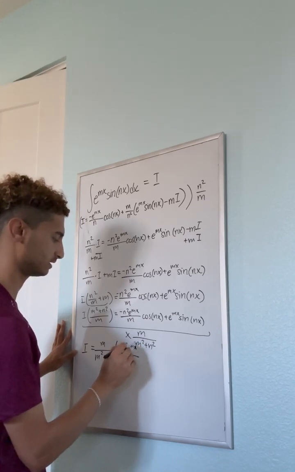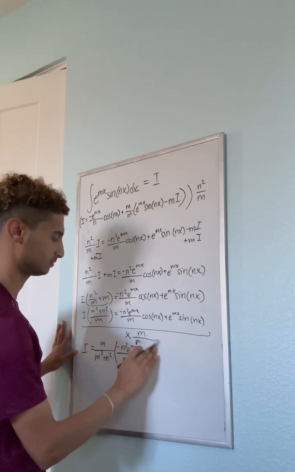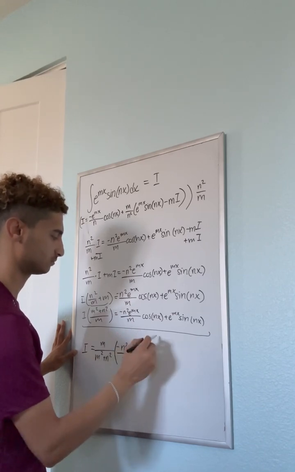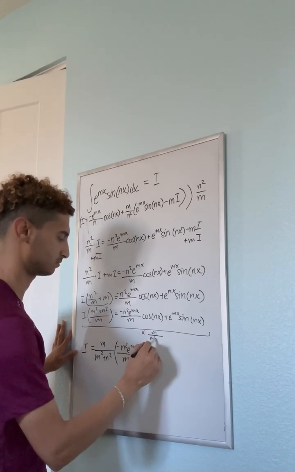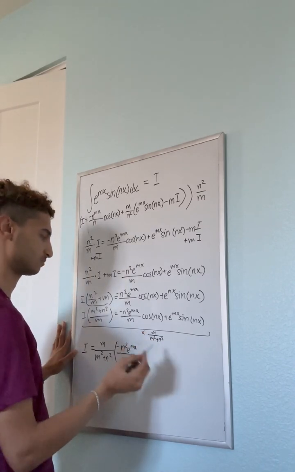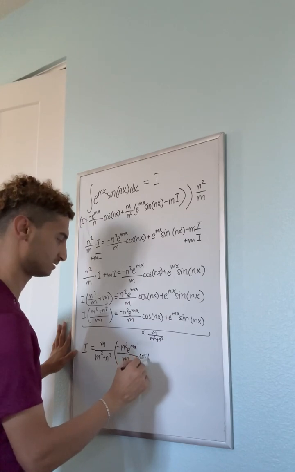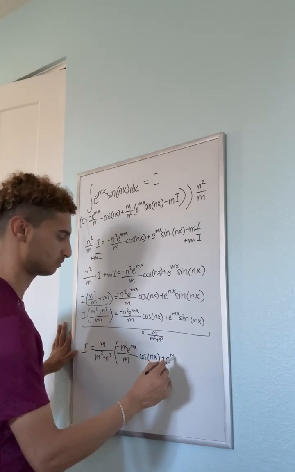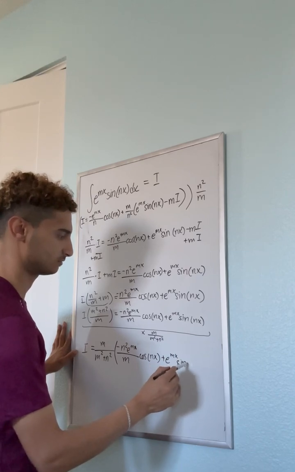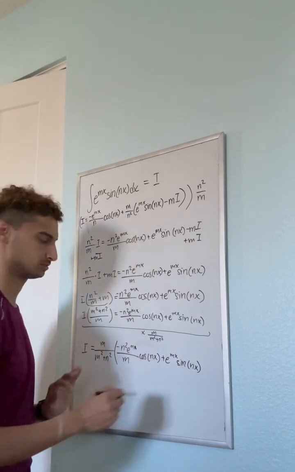Sorry if that's a little unclear, but that's an m. M over m squared plus n squared. I'm just going to write it a little bit smaller so you guys can see. Plus e to the power of mx sine nx.